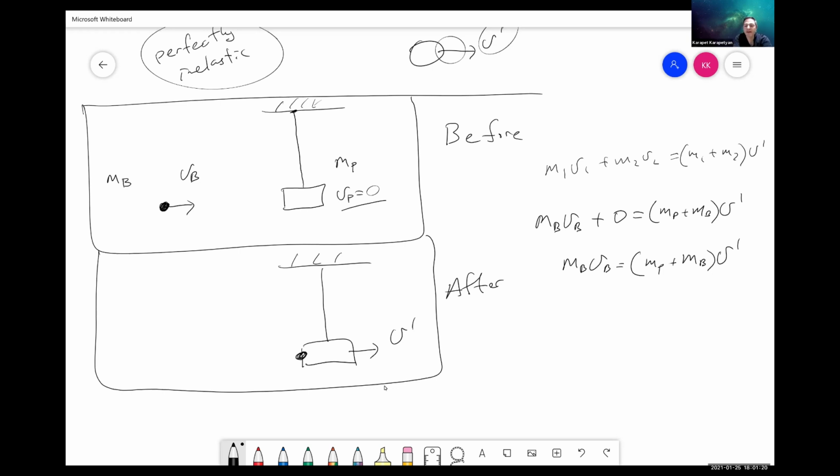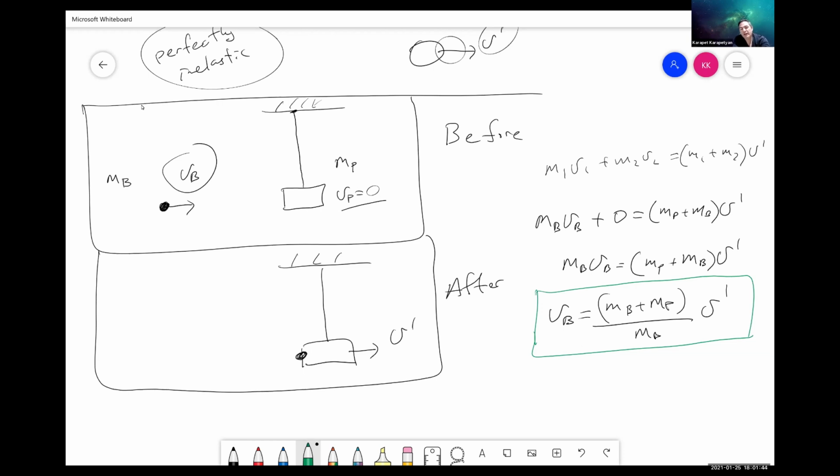Now, our goal for this experiment is to find this guy over there. What is the velocity of the bullet before the collision? Which mathematically is just mb plus mp divided by the mass of the bullet, times v prime. That means this is our equation to calculate the velocity of the bullet.